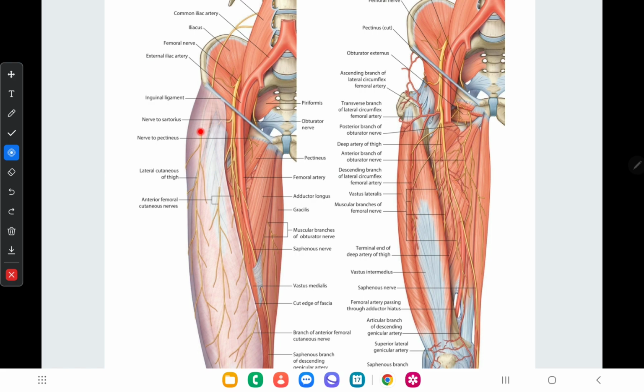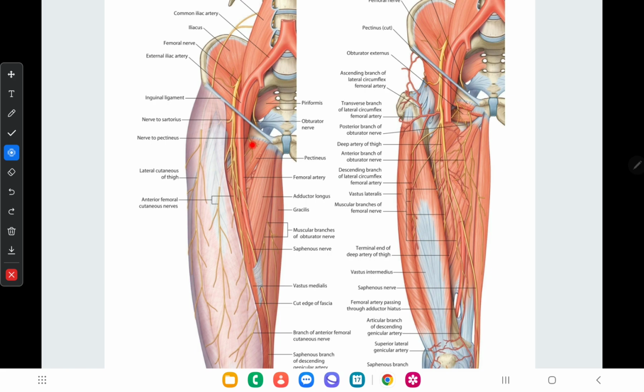But the medial cutaneous nerve of the thigh as well as the intermediate cutaneous nerve of the thigh are the two branches of the anterior division of the femoral nerve. Then the two muscular branches are one branch to the sartorius muscle and the other branch to the pectineus muscle. Here you can see those two branches.